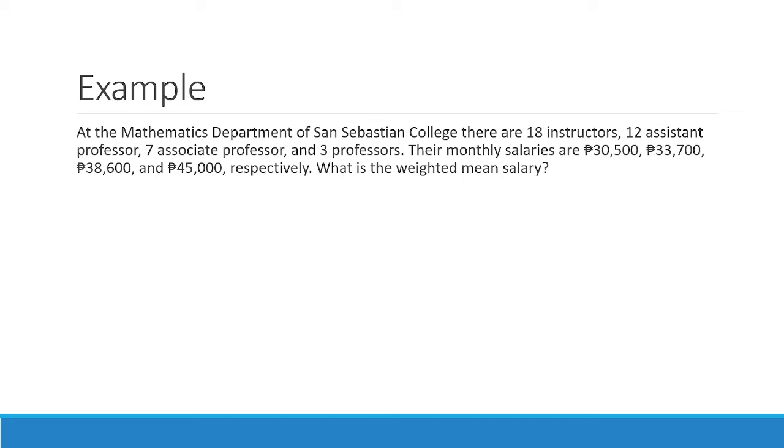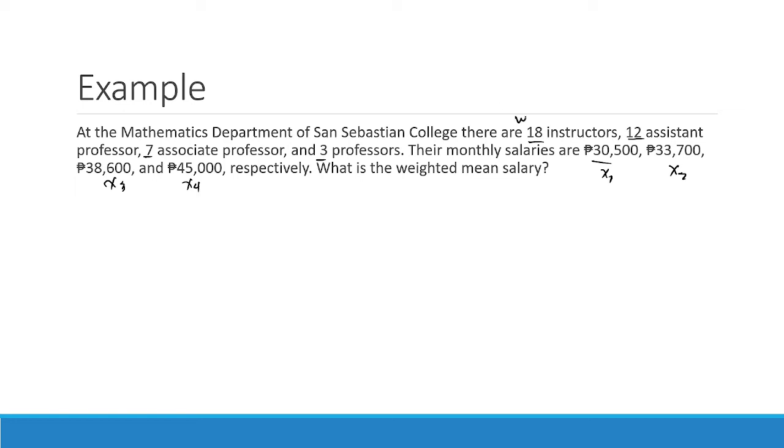So, that's all we need to look at. As you can see there, we have our weights. Weight 1 will be 18, weight 2 will be 12, weight 3 will be 7, and weight 4 will be 3. So, how about the x's or the values? x1 will be 30,000, x2 will be 33,700, x3 will be 38,600, and x4 will be 45,000.